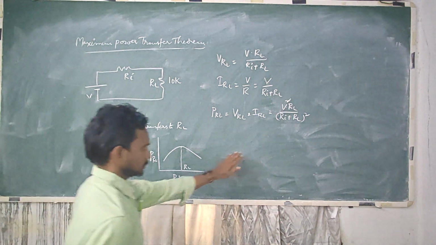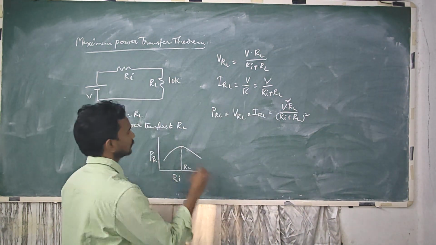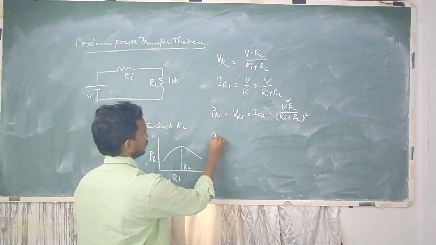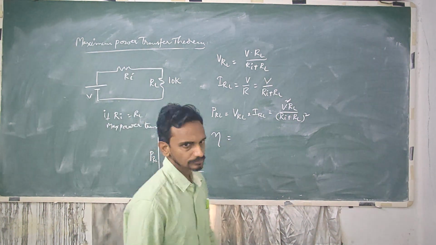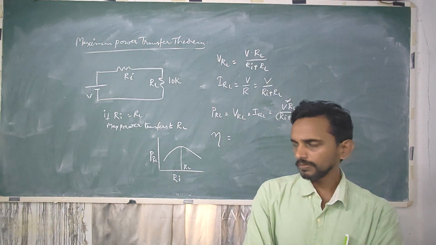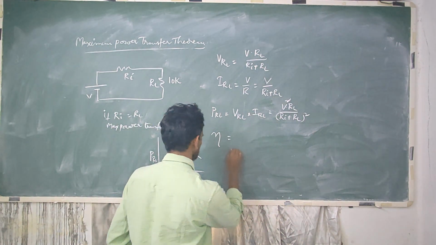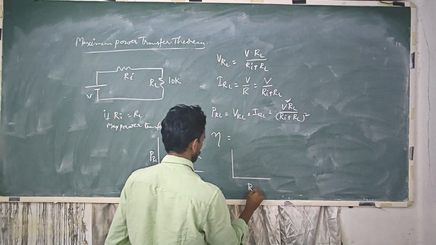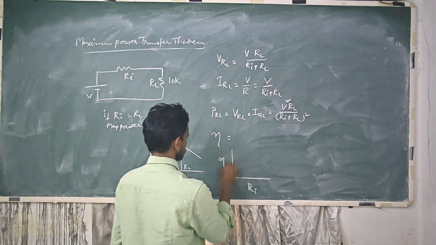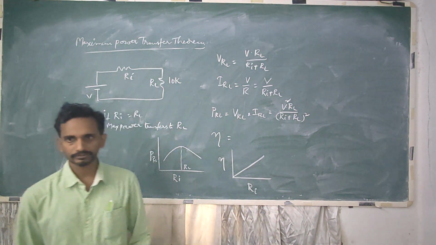The most important problem with this is, if you see the efficiency of the circuit, efficiency will be maximum when internal resistance is very high. So if you see the efficiency as a function of Ri, this graph continuously rises.